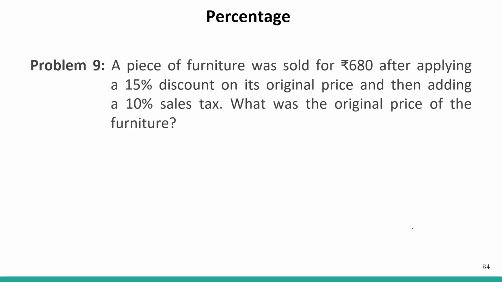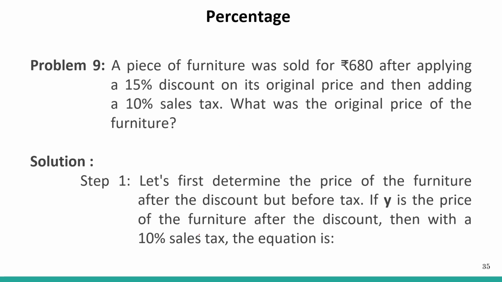Let's see problem number 9. A piece of furniture was sold for 680 after applying a 15% discount on its original price, then adding a 10% sales tax. What is the original price of the furniture? Here, for step number 1, we first determine the price of the furniture after discount but before tax.